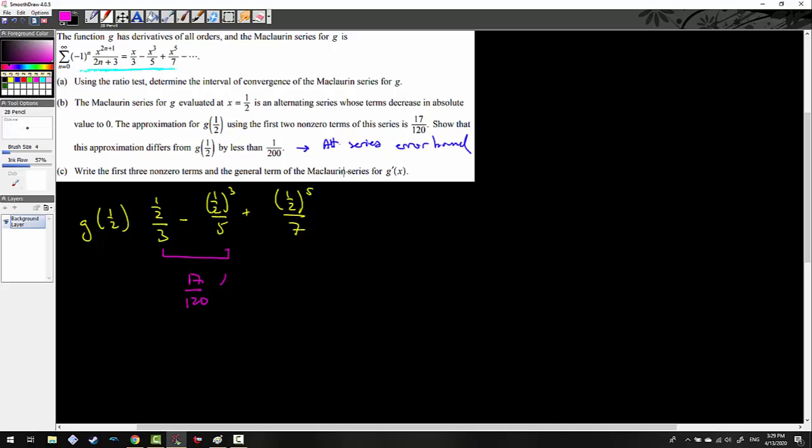And they want us to show that this approximation, in other words, this number, differs from G of 1/2 by less than 1 over 200. Well, remember, in alternating series error bound, if we're summing up the first two terms, that means that term 3 is the error bound.